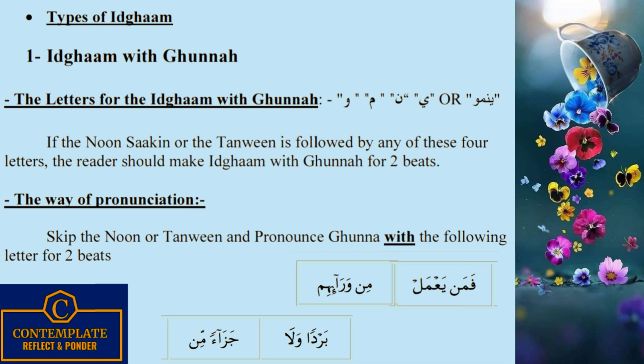For example, let's take first the example of noon sakin, and then we will take the example of tanween. For noon sakin, for example, فَمَن يَعْمَلْ. As you can hear, first of all, noon sakin is present, and we already have said that after noon sakin, we will mix the mutaharrik letter which is following, the second letter, and here the mutaharrik letter is ya.